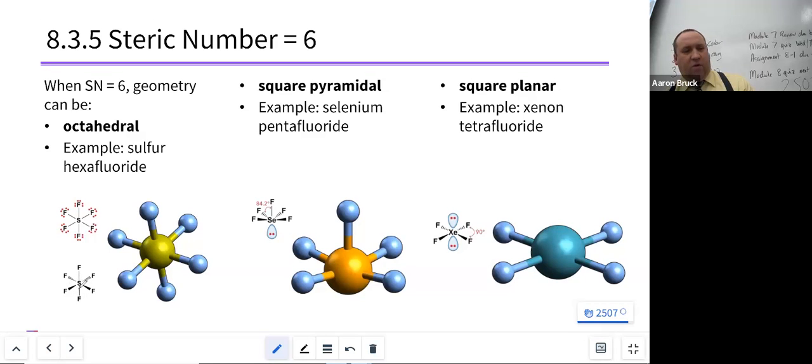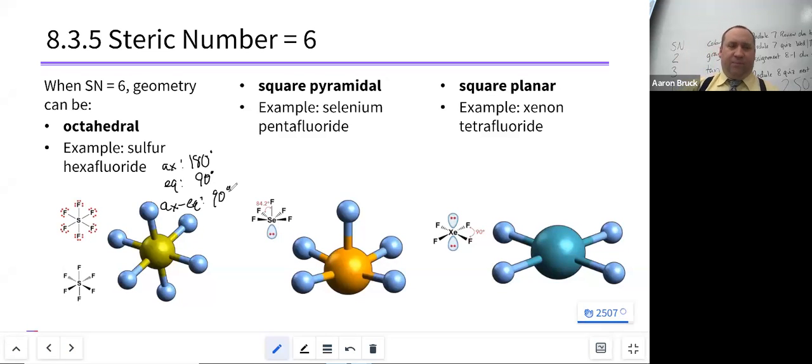Our axial positions are still 180 degrees apart, because now we have four objects in that equatorial plane. The equatorial objects are 90 degrees apart, and axial to equatorial is also 90 degrees.